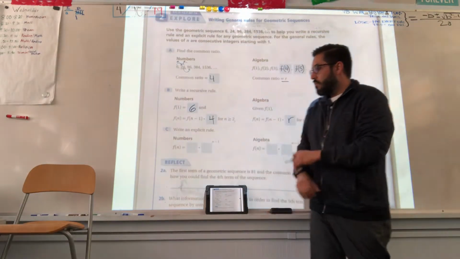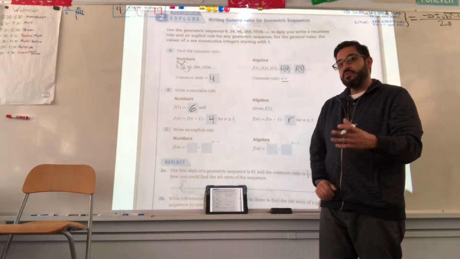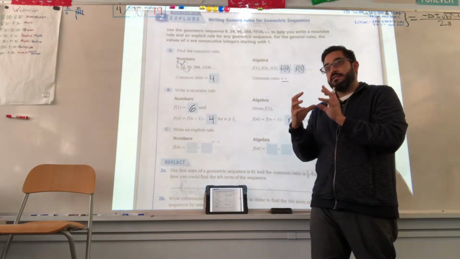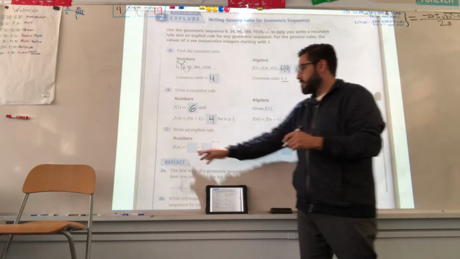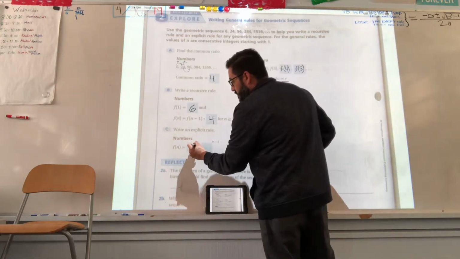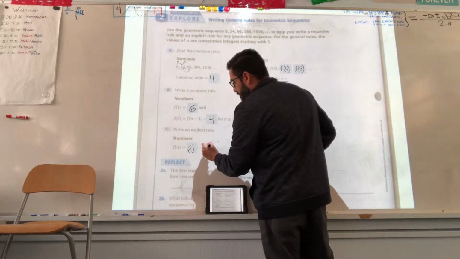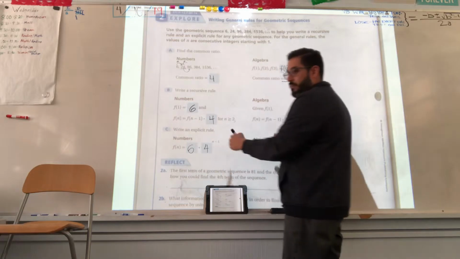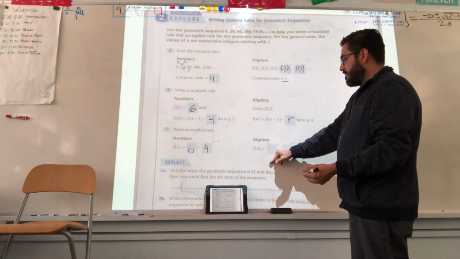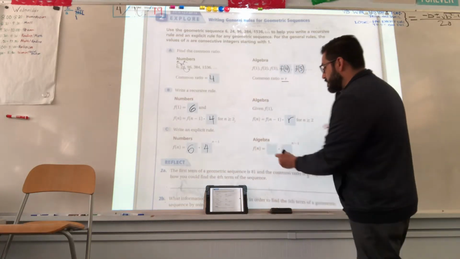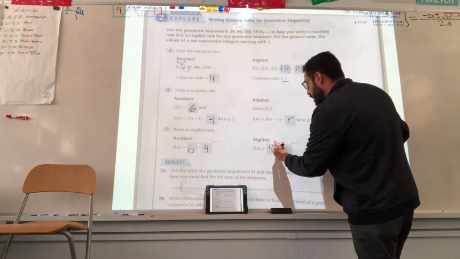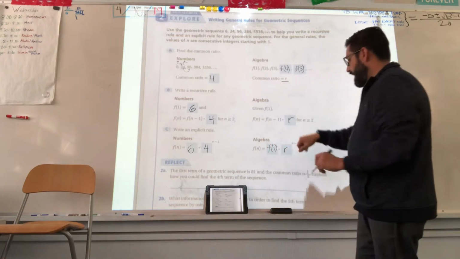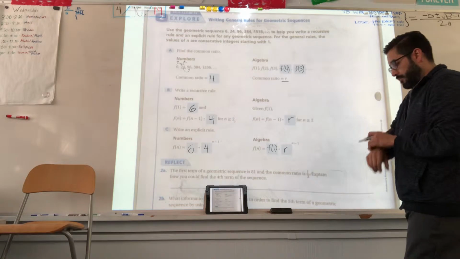Here, we can write it how we did in the previous one where we just looked at exponents. So if we do that here, we have the function of n equals 6 times 4 to the n minus 1 power. The same thing in general would be the function of n equals f of 1 times r to the n minus 1 power.